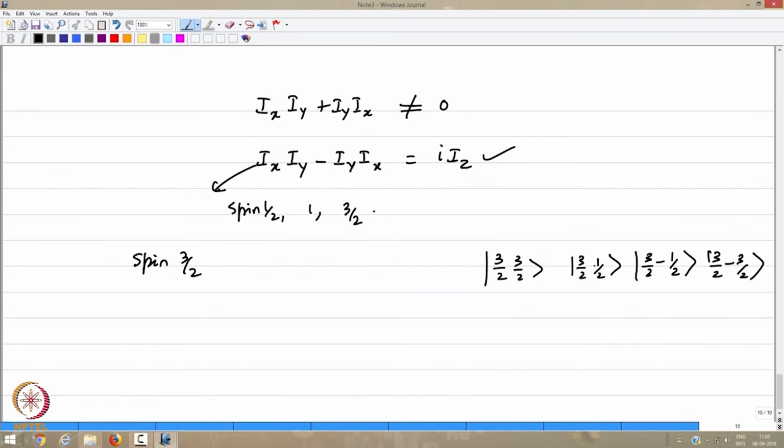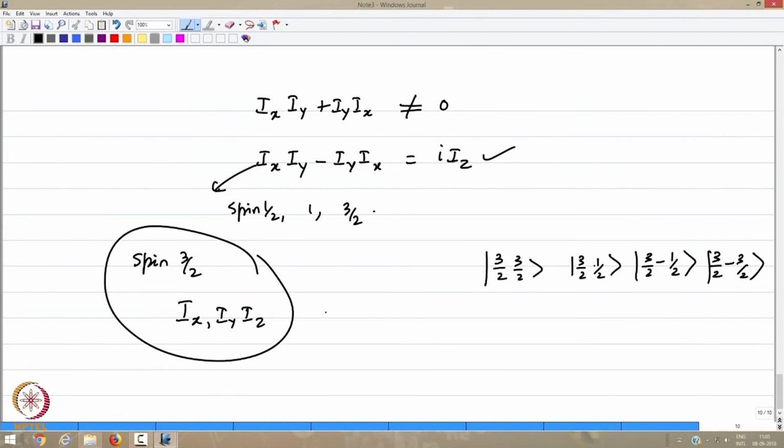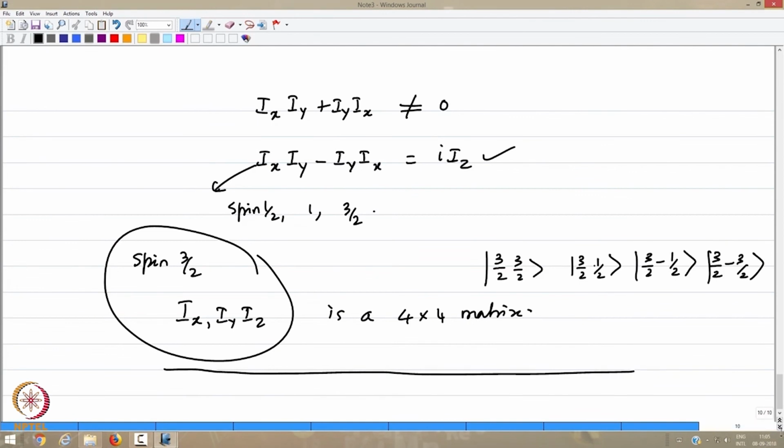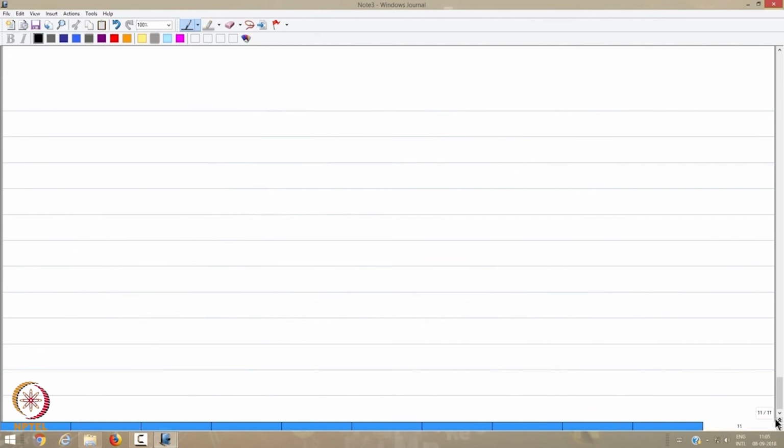So, there are 4 states. And so, the matrix representation for Ix, Iy and Iz for a spin 3 half system is a 4 by 4 matrix. Okay. And likewise for any spin I, it is 2I plus 1 by 2I plus 1 matrices. So, these are properties of the spin half systems and arbitrary spin I systems.